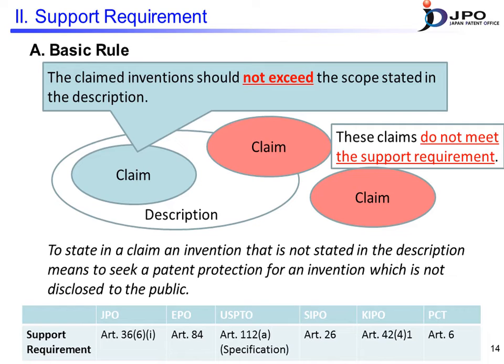Therefore, an applicant is not allowed to enjoy an exclusive right for a scope that is not disclosed in the description. That is to say, a claimed invention should not exceed the scope stated in the description. In other words, a claim must be supported by the statement in the description. This is called the support requirement.